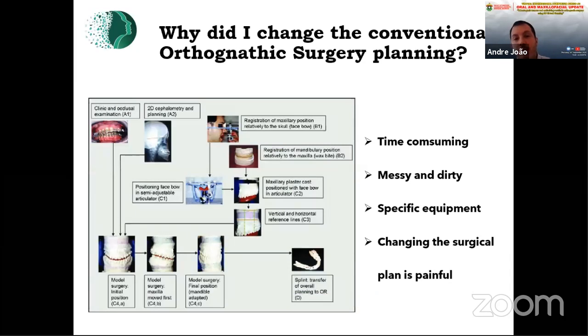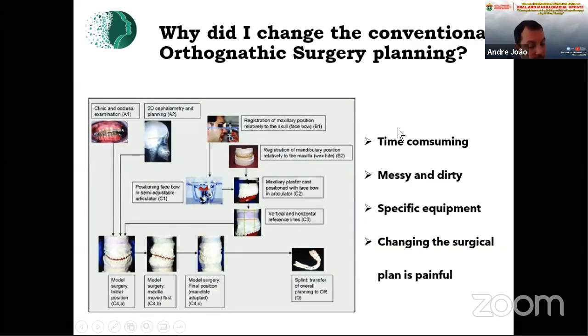When we talk about 3D virtual planning, orthognathic surgery was my initial introduction to this world. Before, we had to do all these steps in orthognathic planning and surgery to end up with our splints and perform our surgery. For me, it was time consuming.